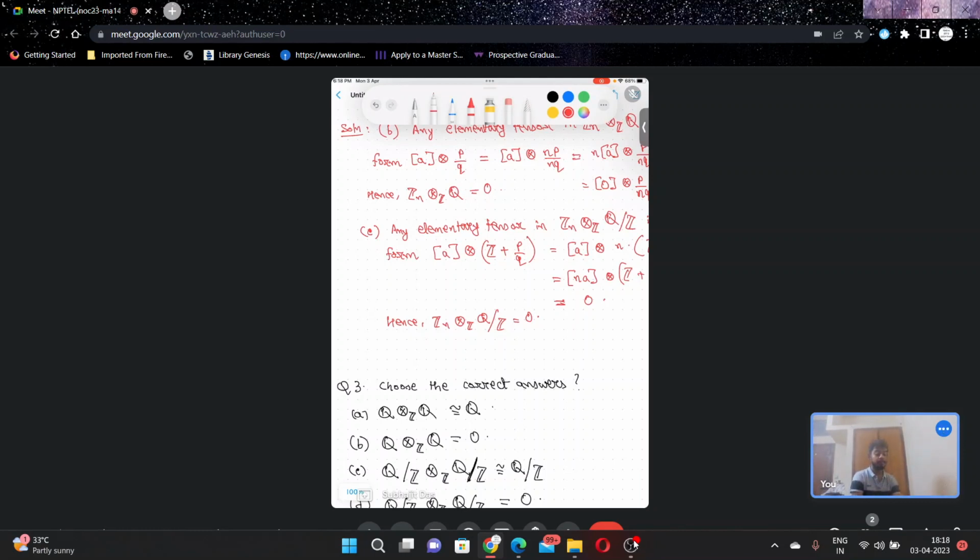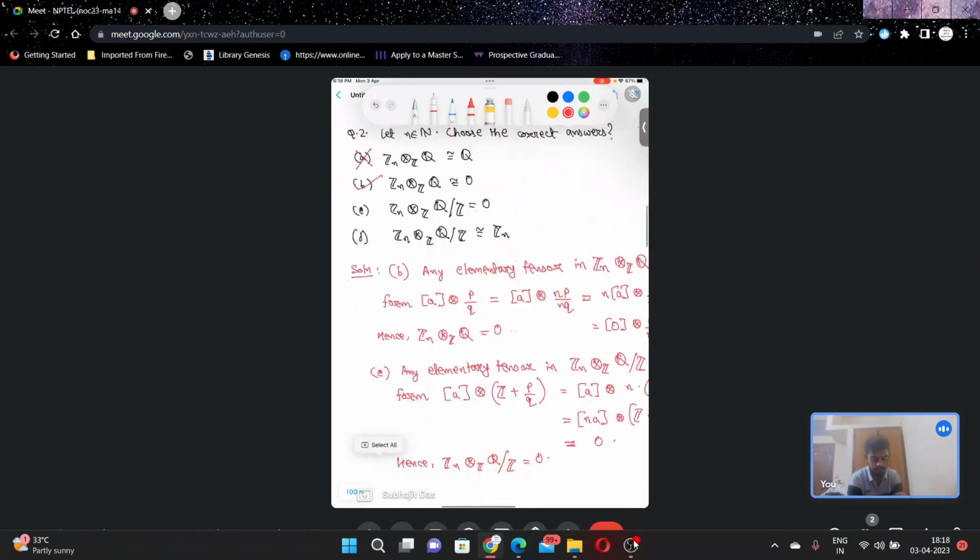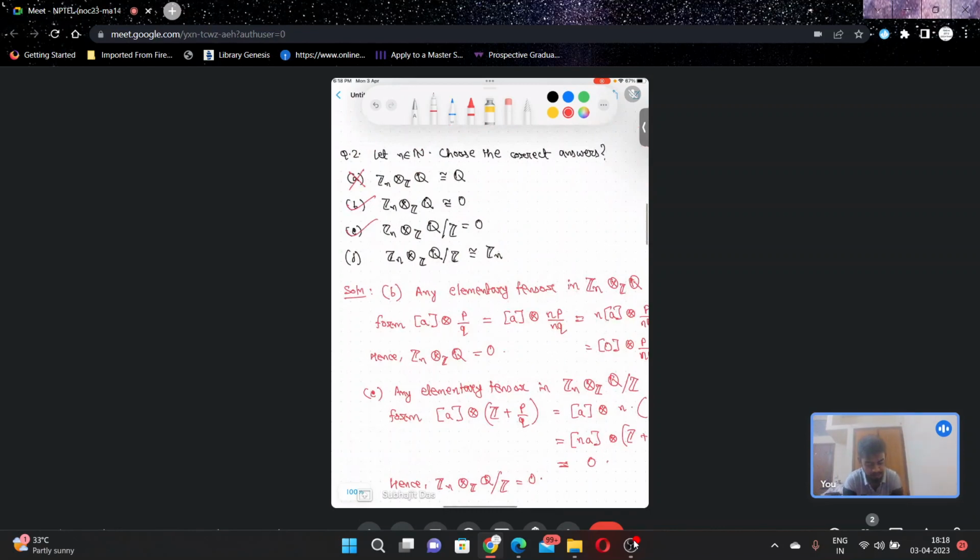And what else? The fact that both Q and Q mod Z are divisible, right? Both Q and Q mod Z are divisible Z modules. So this is what is actually happening here. So certainly C is also correct, which implies that D cannot be correct, right?